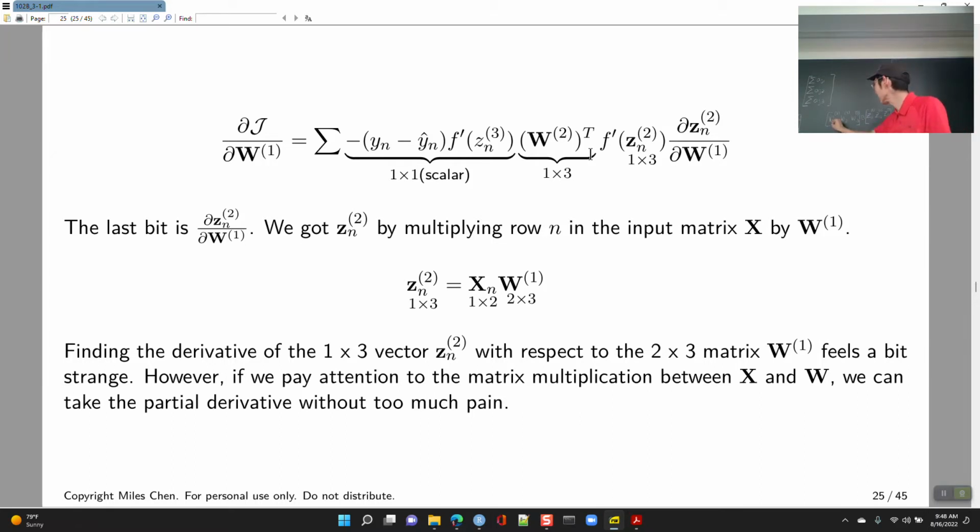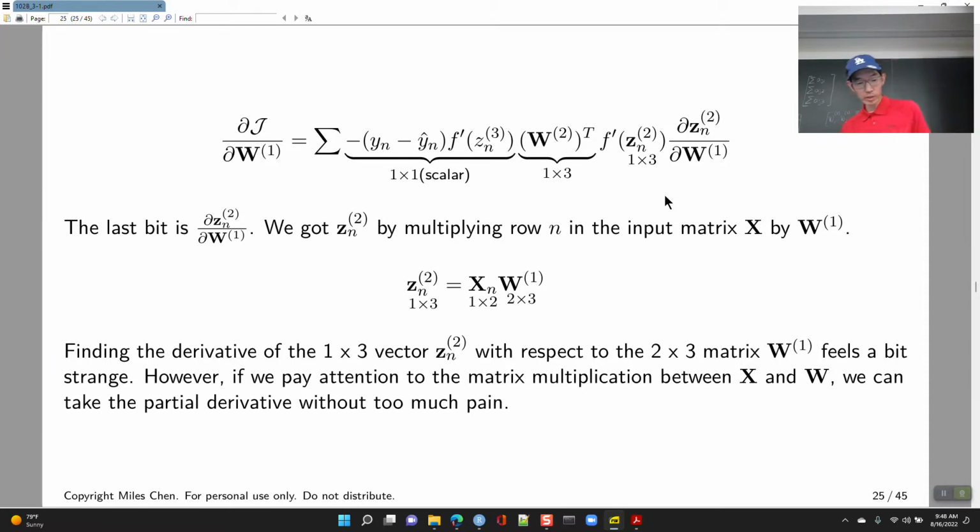We're going to just do this term times this term, this term times this term, this term times this term to preserve its 1 by 3 structure. But that will be in a moment. We won't worry about it just yet. Now, the question, though, is what is the derivative of Zn3 with respect to W1?